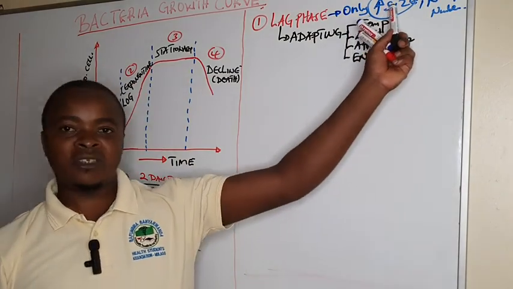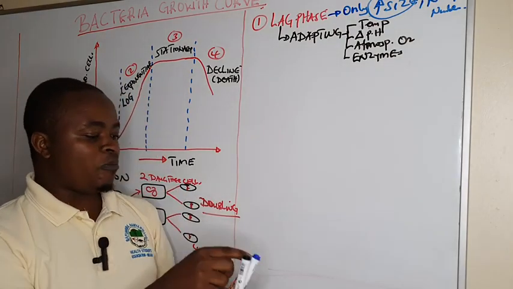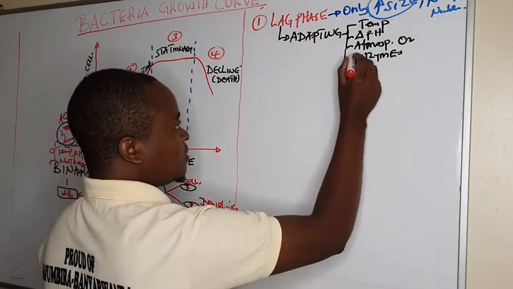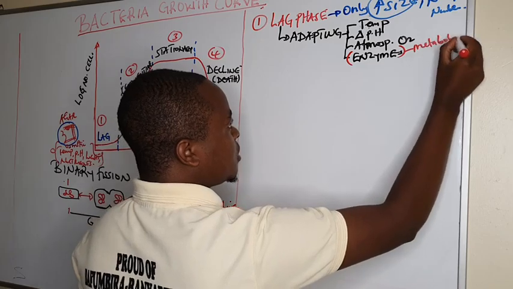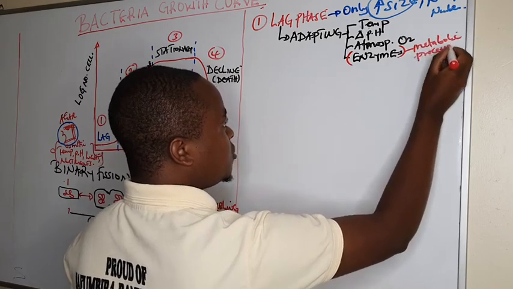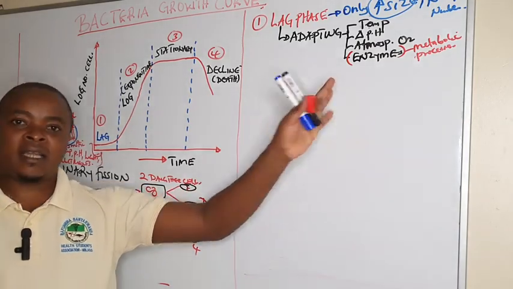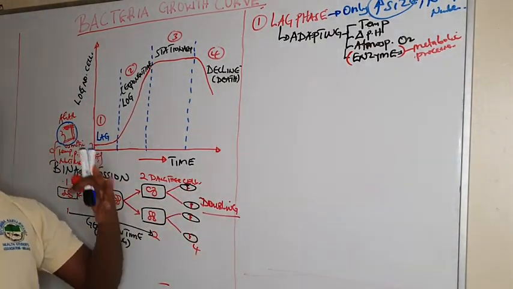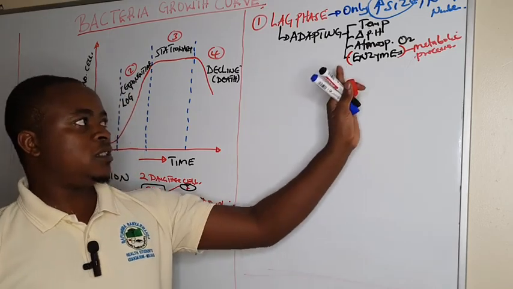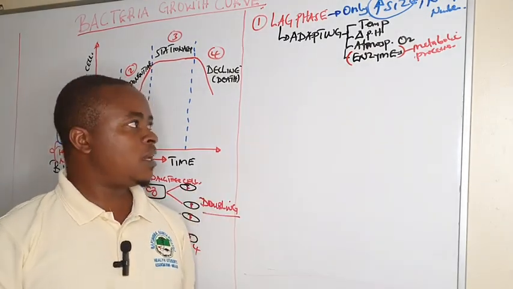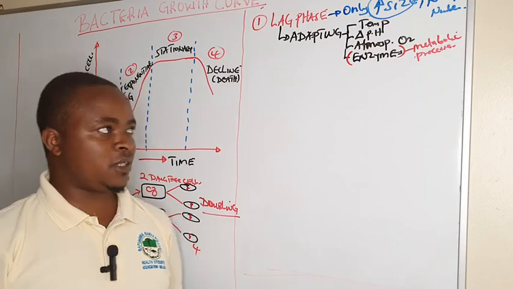And this protein synthesis is bringing about formation of the required enzymes to carry out metabolic processes during bacterial growth. So that is what we can see under acclimatization. It is getting adapted to the new environment, getting adapted to the temperature, and processing required materials like enzymes to carry out metabolic processes so that it can start increasing in number.